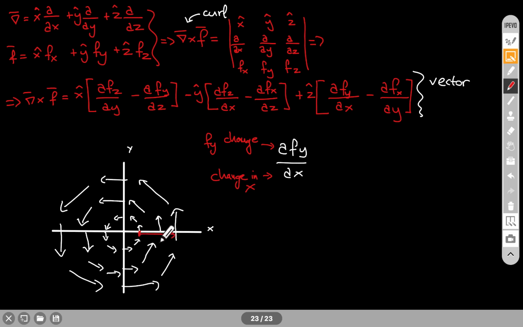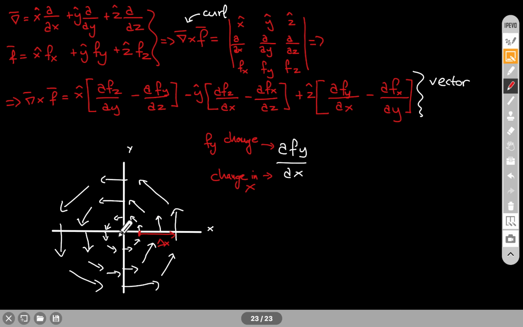This is my change in x. It's a positive number. I'm going from a small x to a larger x. And I need to think about the change of the y component of my function. Look at these three vectors.